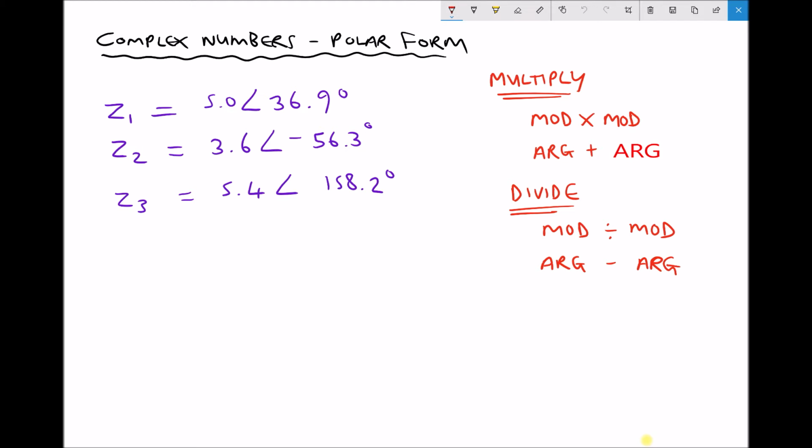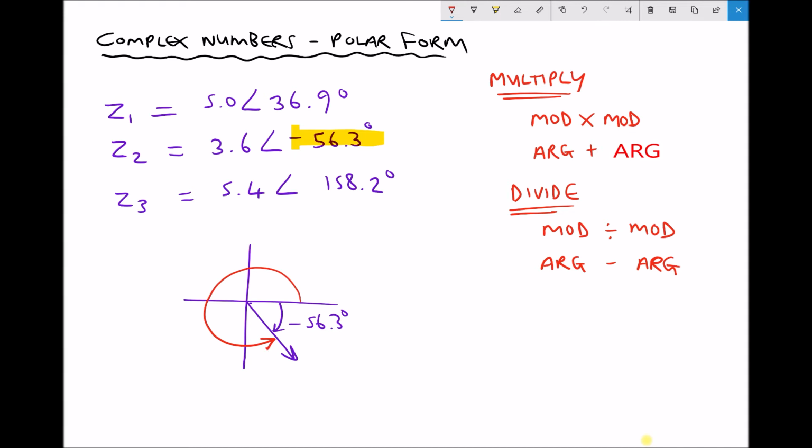Just before we do that, I just want to talk briefly about this angle here of minus 56.3. Although we've expressed that as a negative angle, we could just as easily have expressed it as a positive angle. If that angle is minus 56.3, as shown on the diagram here, then the positive angle would have been this angle here.